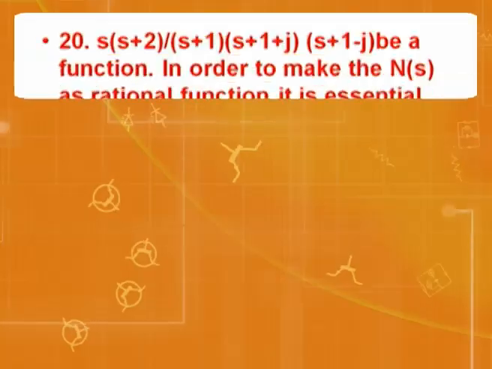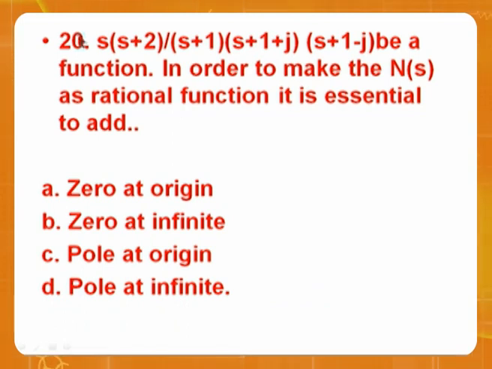Let's go to 20. Question number 20. S into S plus 2 by S plus 1 into S plus j plus 1, S plus j minus 1 be a function. In order to make N of S a rational function, it is essential to add zero at origin, zero at infinity, pole at origin, or pole at infinity.